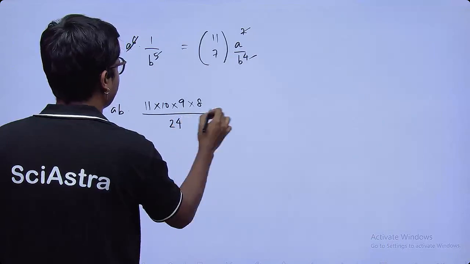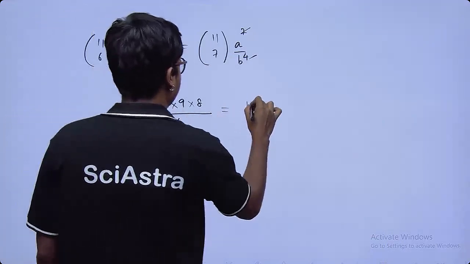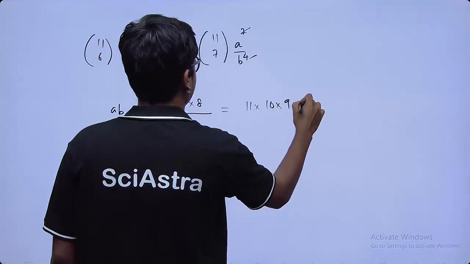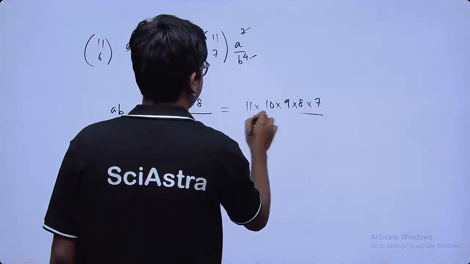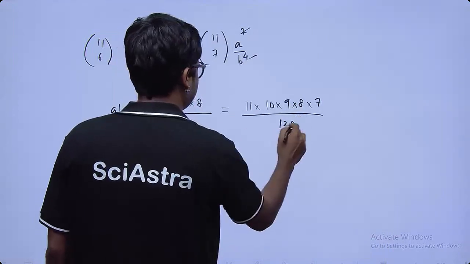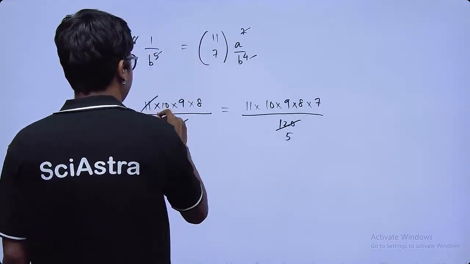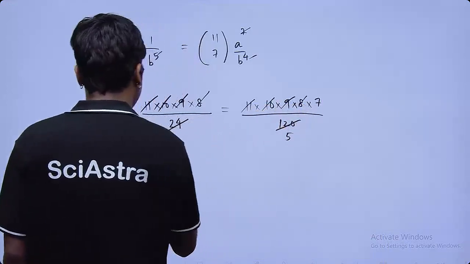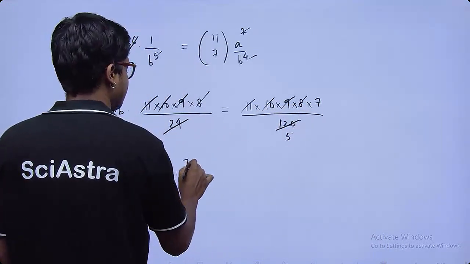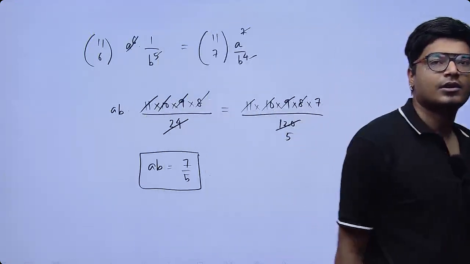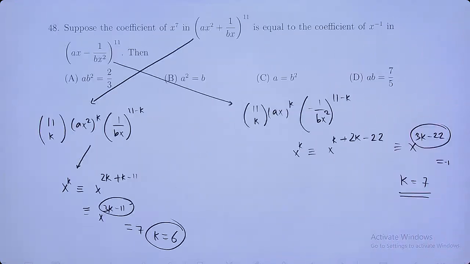So 24, that should be equal to 8, 7 divided by 6 factorial cancels out, divided by 5 factorial, so 120, right? So 5, 11, 10, 9 cancels out, 8 also cancels out, right? So 7 by 5, right? So what is the value of the product AB? 7 by 5. Okay. Which option is that? Option D.